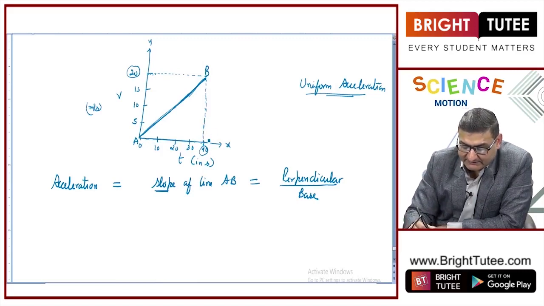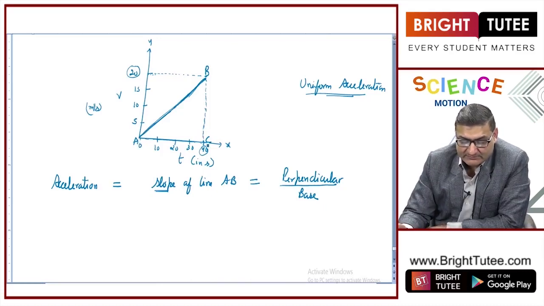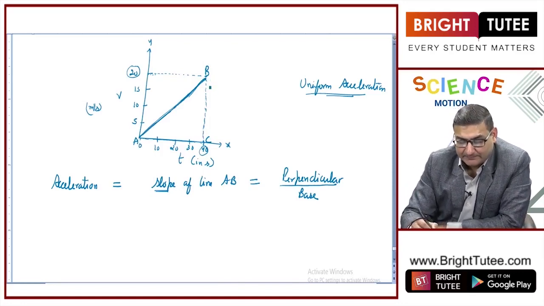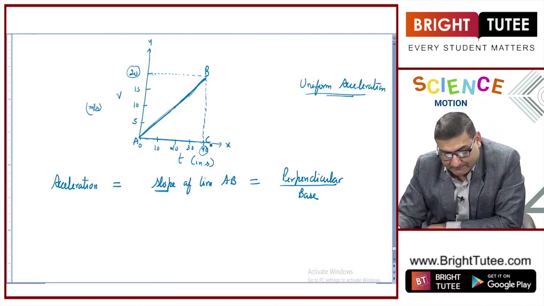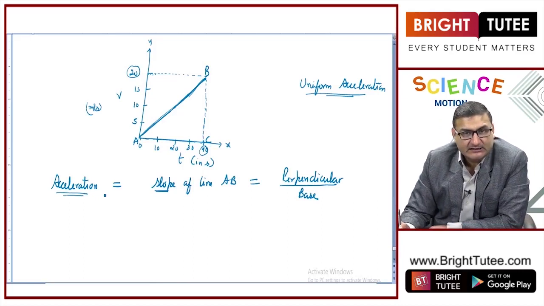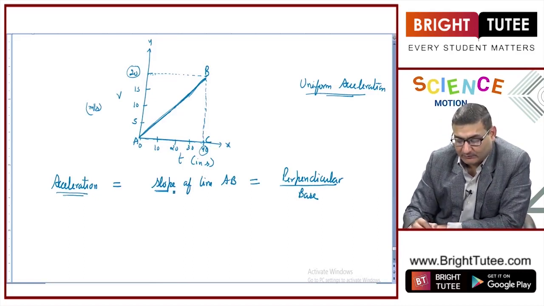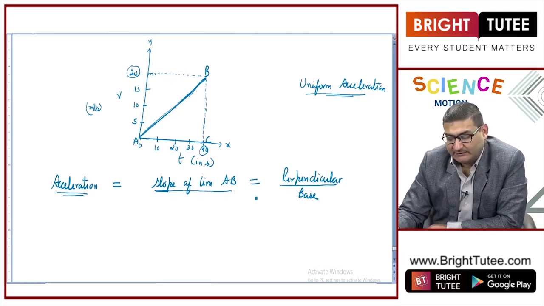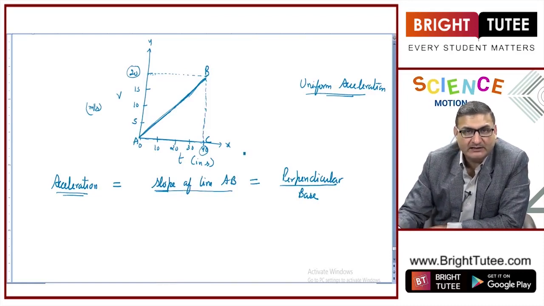Let us give it this name C. So I see that there is a triangle ABC. Now in this triangle ABC we can assume AB to be our hypotenuse, BC to be our perpendicular and AC to be our base. So when I need to calculate acceleration, I will calculate it using the formula slope of line AB, calculated as perpendicular upon base, assuming this to be a triangle.